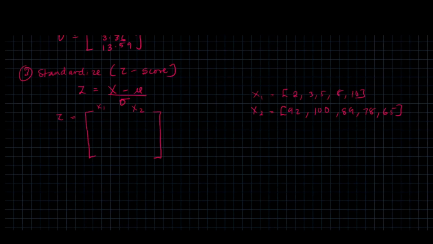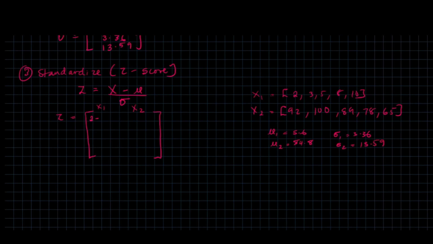So if you remember, these were the values. So this is going to be 2 minus, what was the mean for this one? The mean for x1 was equal to 5.6 and the mean for the second one was actually equal to 84.8. Standard deviation for this one, 3.36. Standard deviation for the second one, 13.59.